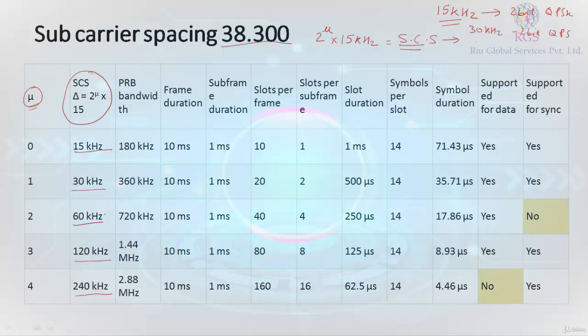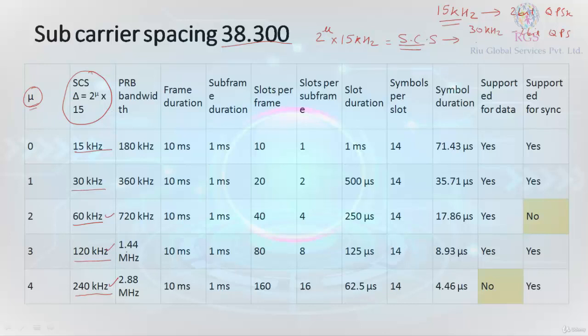Same is the case with 60, 120, and 240. That means all these subcarrier spacings are going to carry an equal amount of data, but the only difference is you are using a bigger bandwidth.